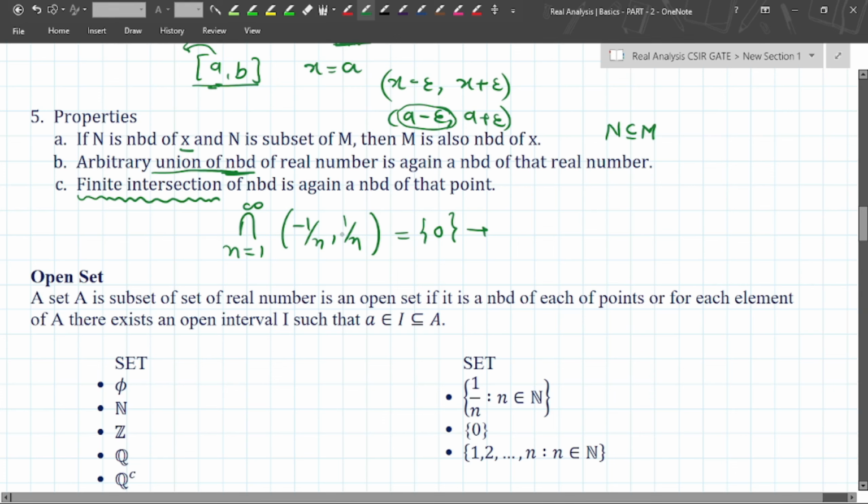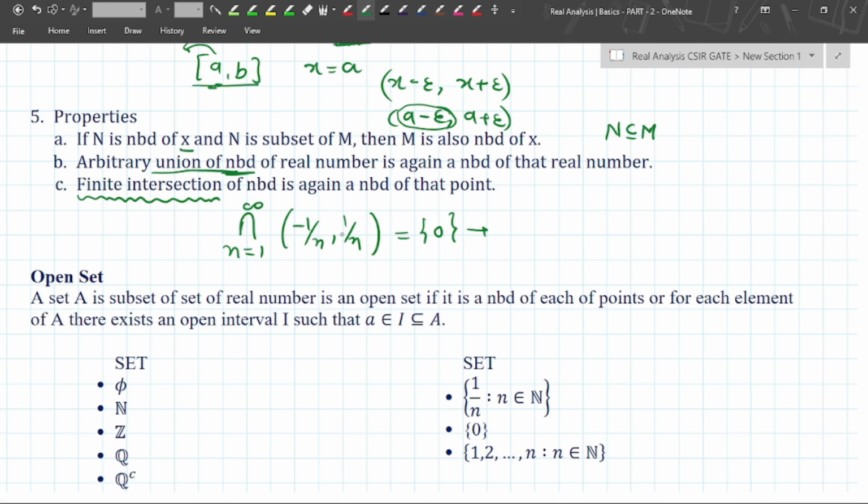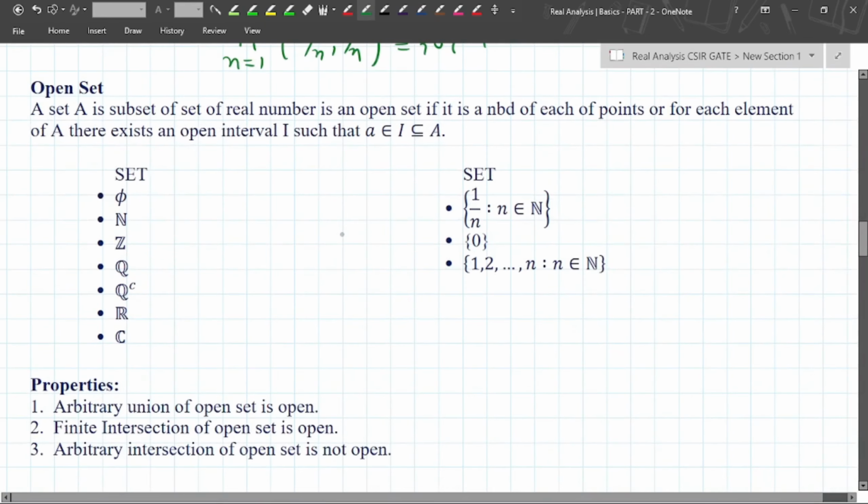A set is a neighborhood of a point if it contains an open interval, A minus epsilon to A plus epsilon, around that particular point. Now come to the open set. An open set is related to the open interval.